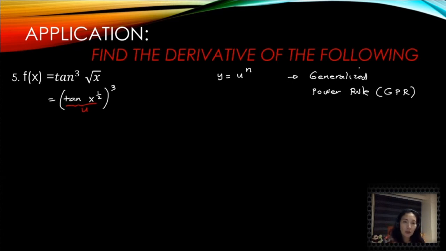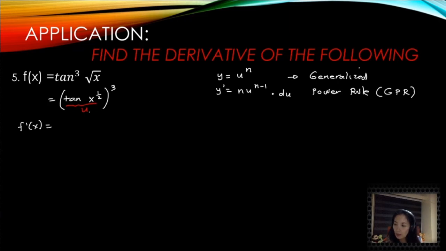If we make use of the generalized power rule, then what will the derivative be? So f prime of x is equal to, in fact this takes the form u cube, u to the n. And what did we say about the derivative of u to the n? y prime is equal to n u raised to n minus 1, subtract 1 from the exponent, times the derivative of u.